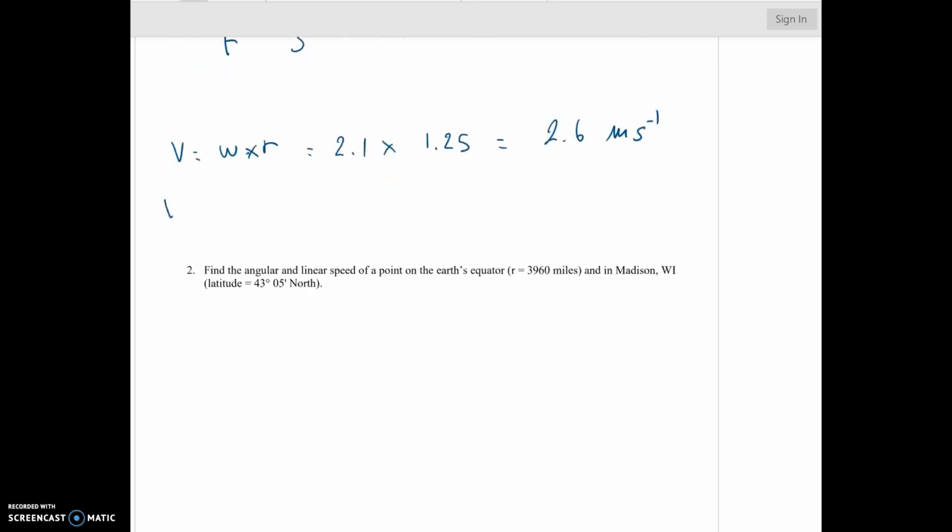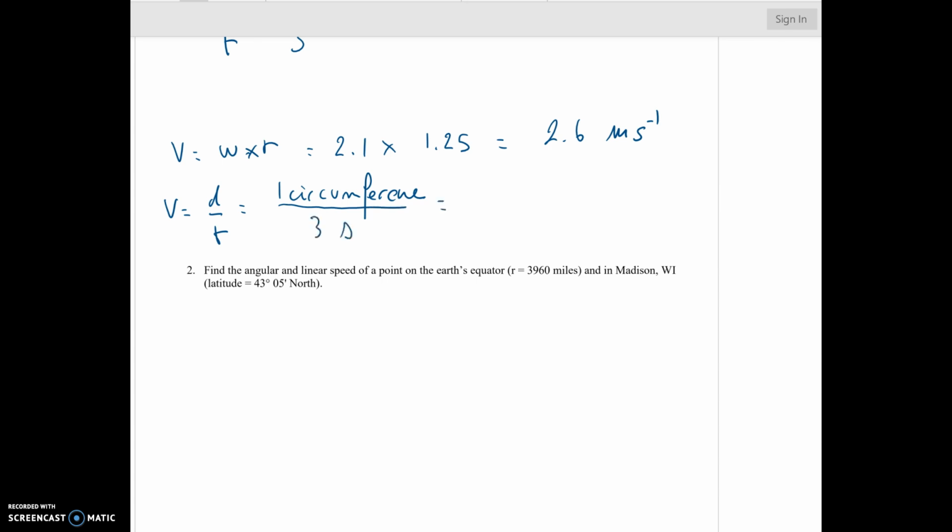By the way, I could also find the linear speed right here by saying that v equals the distance divided by the time, and the distance is equal to one circumference, divided by 3 seconds.